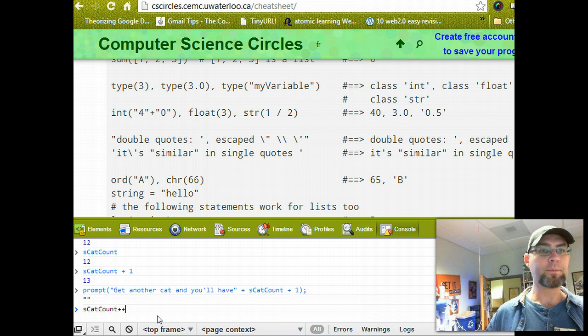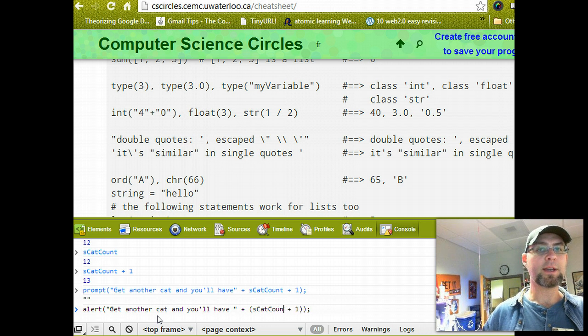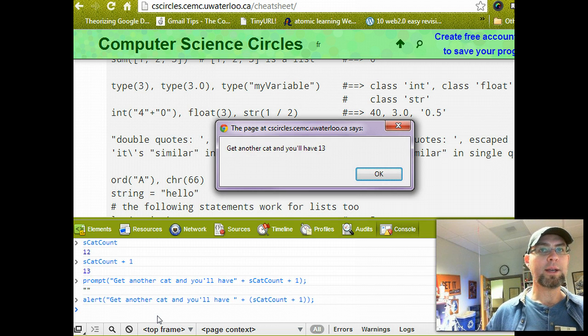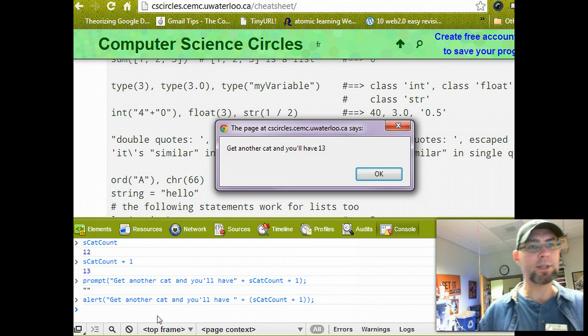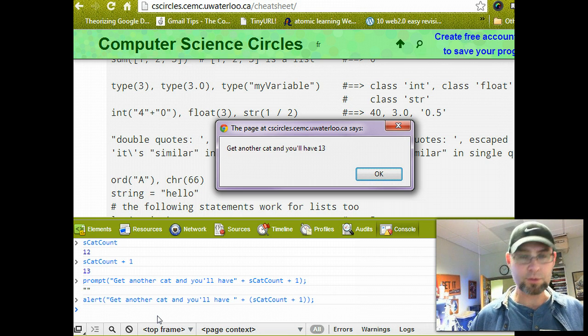I meant to do the alert, right? Get another cat, and you'll have S cat count plus 1. And so there I have 13. So that seemed to help, although I am a little nervous about this. I feel like JavaScript's a little bit sloppy with this.